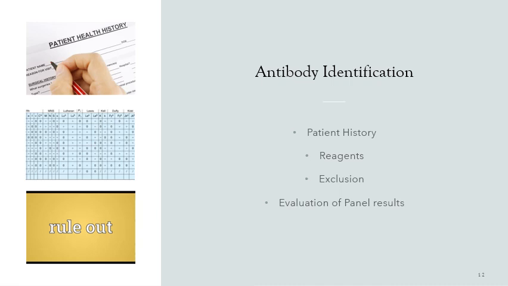The second step in antibody identification is to exclude or rule out antibodies that could not be responsible for the reactivity seen. So we will have the exclusion. I will show you later on. And then we will have our evaluation of panel results.